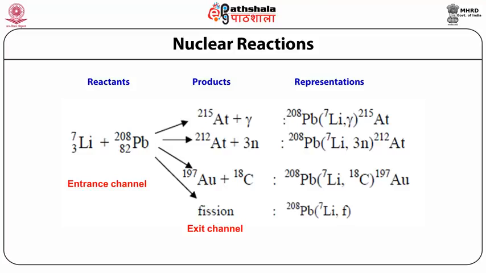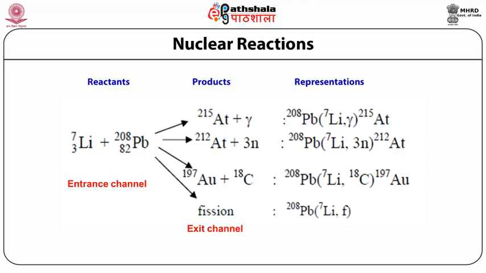Now here in this case, a lithium-7 nucleus is reacting with lead-208. Depending upon how much energy and angular momentum is imparted in the system, we have a variety of output products. In some cases, the reaction may lead to the production of astatine-215 plus gamma.